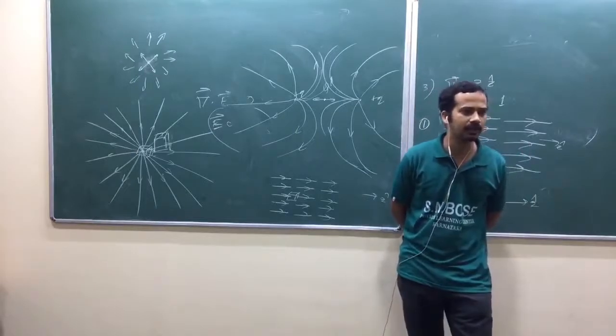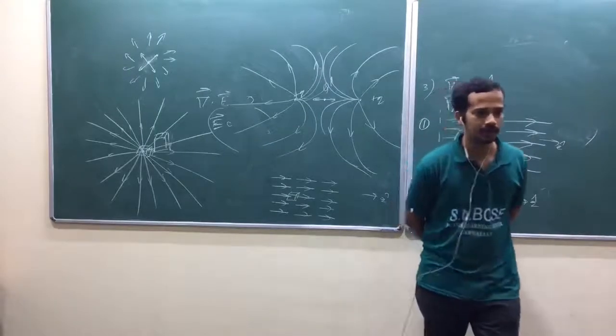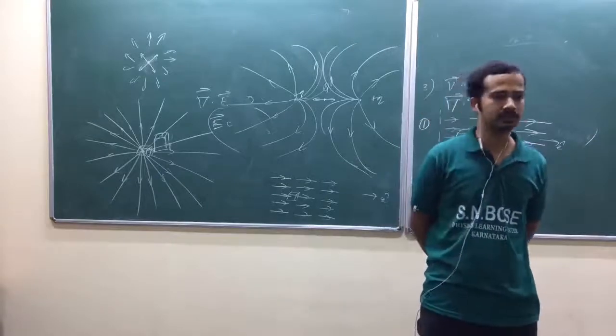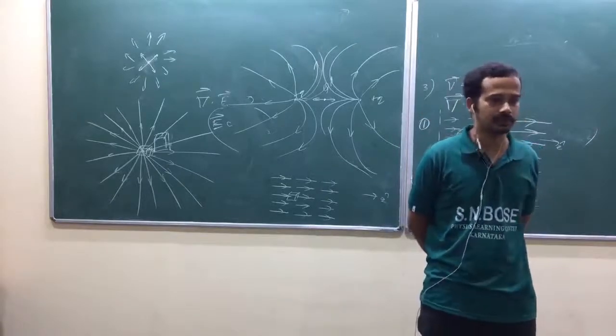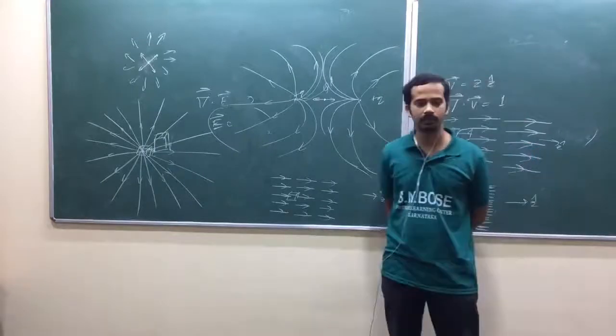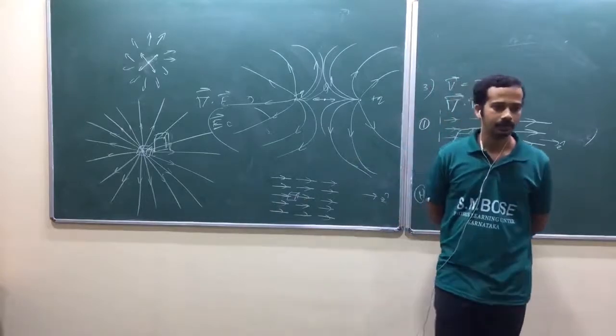Intensity will fall like 1 by r square from a bulb. Intensity is nothing but the number of light rays per unit area. Light rays will also follow a property similar to that of charge.